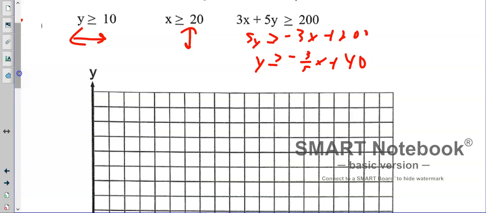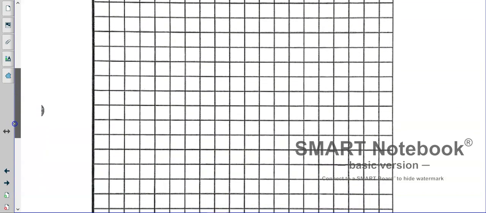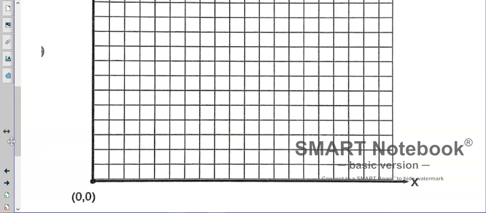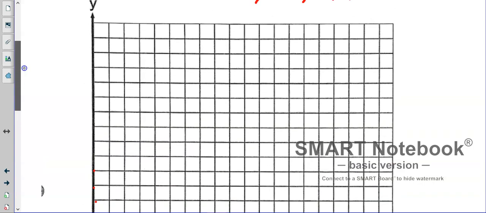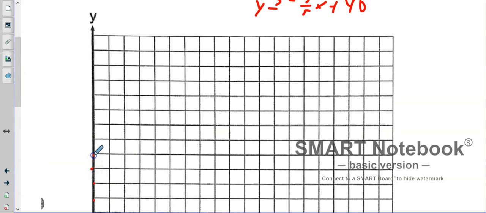So let's see if I can count by 2's and get there. So 2, 4, 6, 8, 10, 12, 14, 16, 18, 20, 22, 24, 26, 28, 30, 32, 34, 36, 38, 40. Well, there's 40 right there.